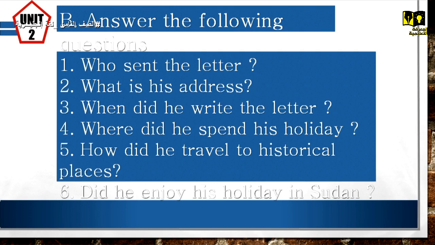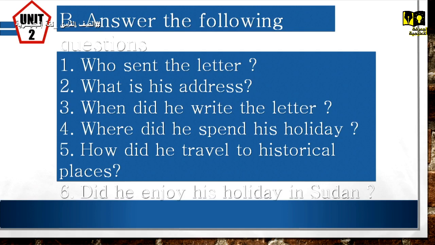And question number 4, where did he spend his holiday? Where is the question word for asking about places, and did is a word or indicator or helping verb in the past simple.